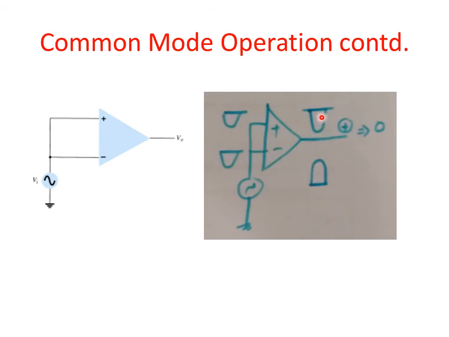Again, they both will be added at the output terminal, resulting in 0 volts at the output. So with these two examples, we are now sure that whenever we have common mode operation at the input terminals of the op-amp, they eventually result in a 0 voltage at the output of the op-amp.